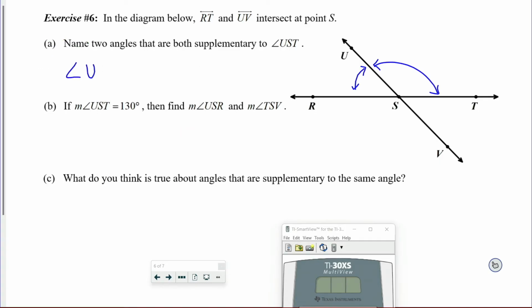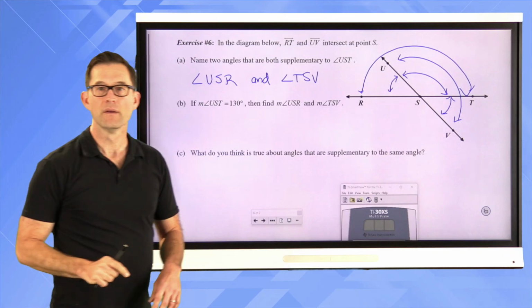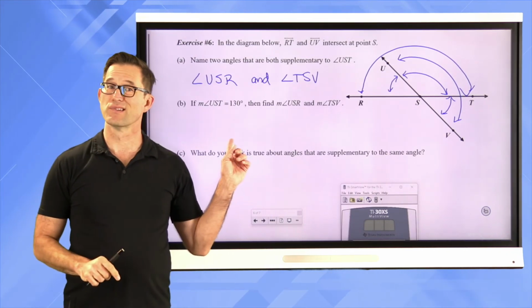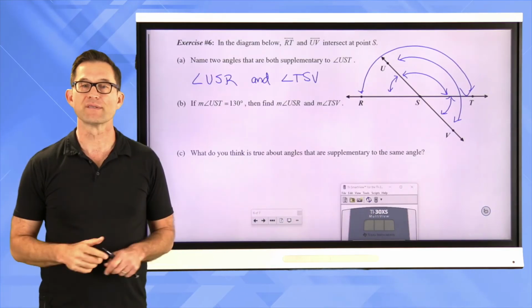Angle USR, which is that, and angle TSV, right? This forms a straight angle, and this forms a straight angle. Okay. So both of those angles that I mentioned are supplementary to angle UST.